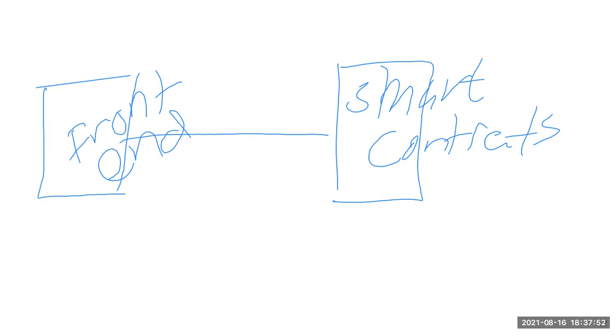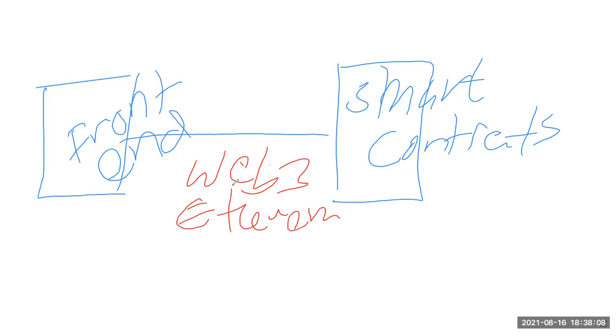So to communicate with our smart contract, we need libraries like Web3 JS. We need something like Ethereum RPC. We also need libraries to generate the smart contract, which is already provided by Web3.